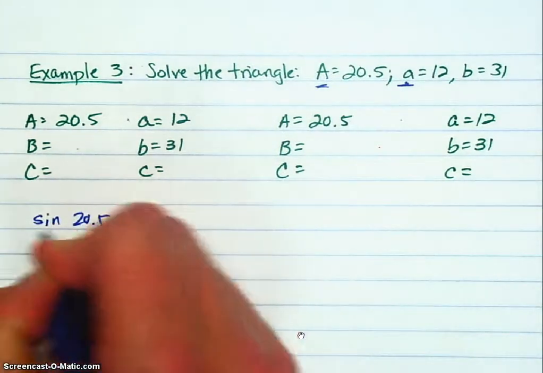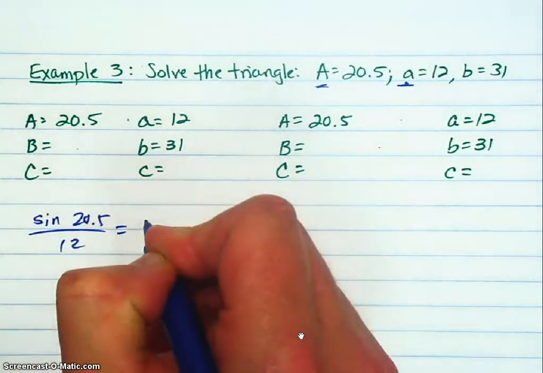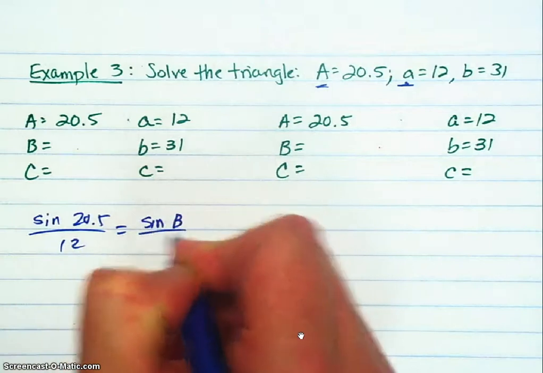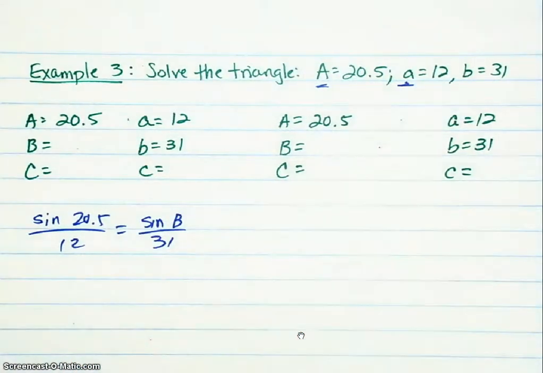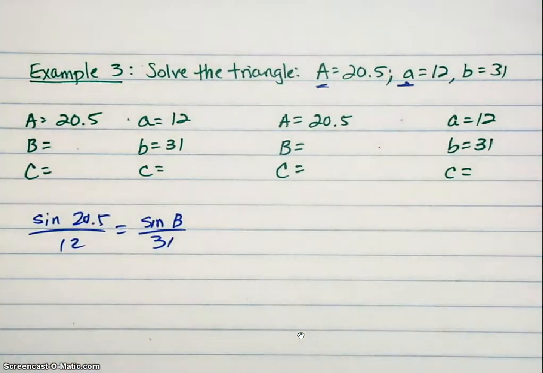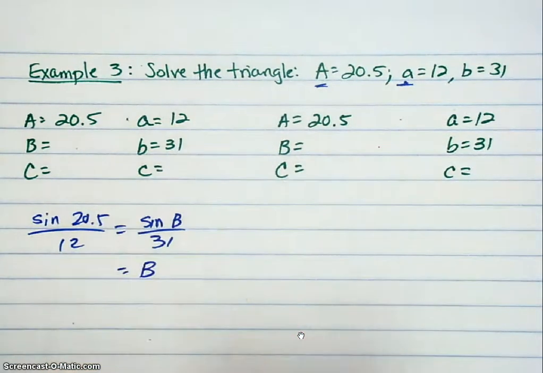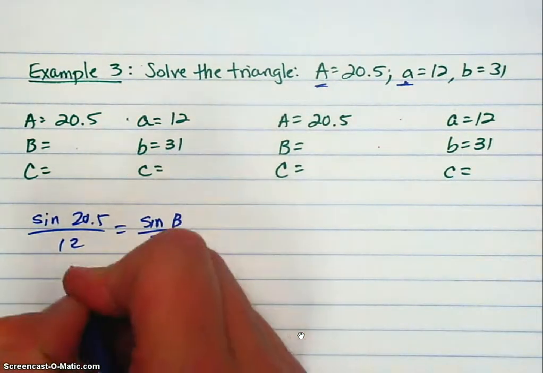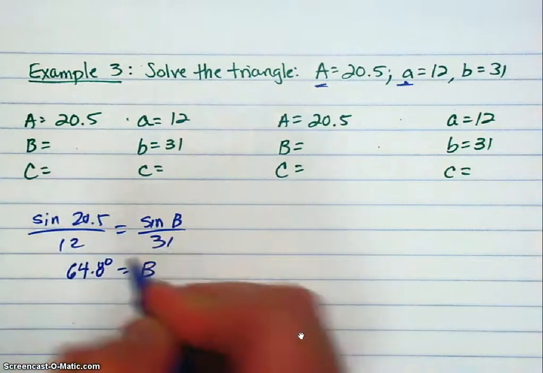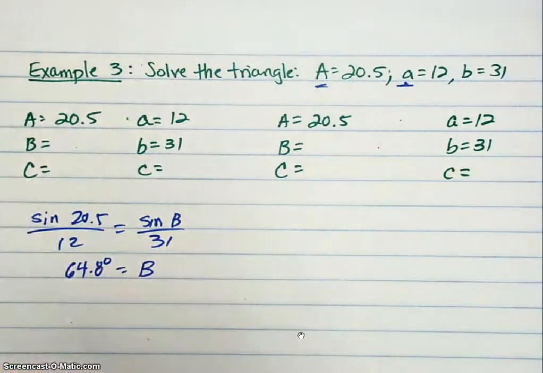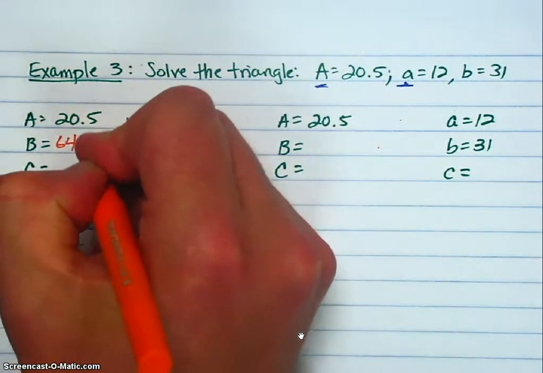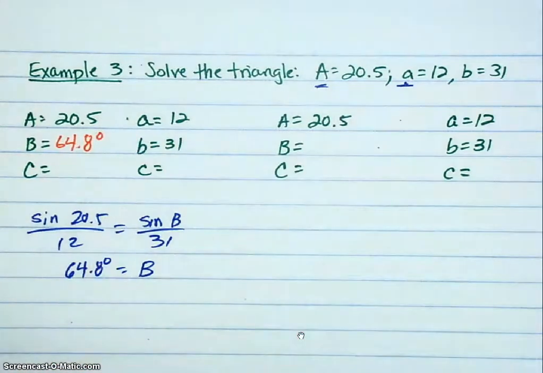So I'm going to go sine 20.5 over 12 equals sine of B over 31. We go through the same scenario here that we've been doing on all these problems, and rather than working it all out, I'm going to tell you that capital B comes out to be 64.8 degrees. So, as always, 64.8, so I know I've got one answer here.